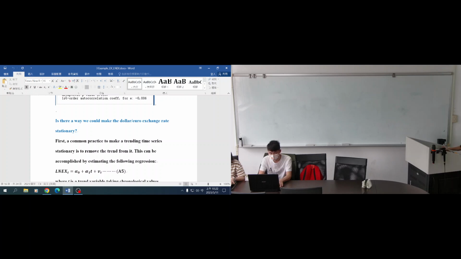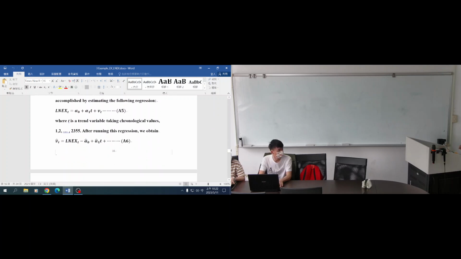After I detrend it, I have the residual, meaning I regress A5 on t, then I store the residual and run the test on the residuals to see whether the residual is stationary or not.